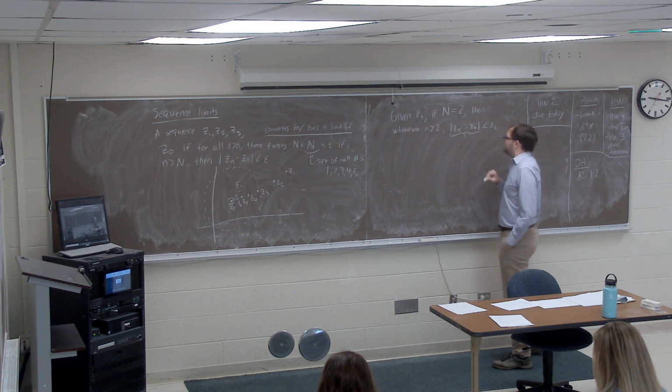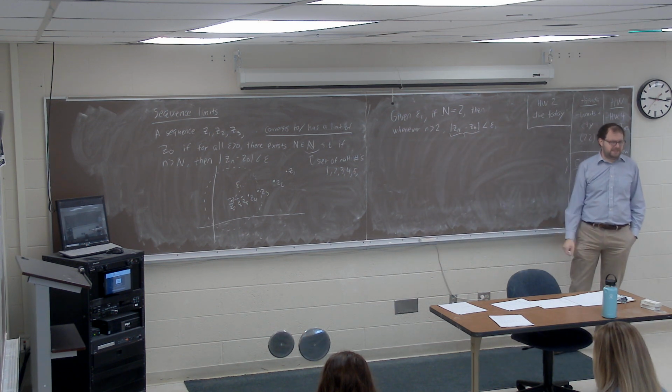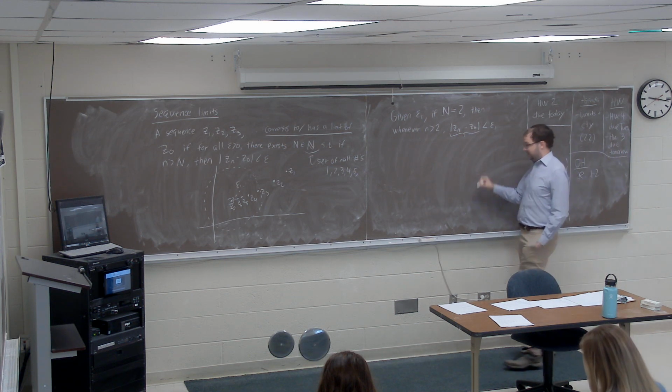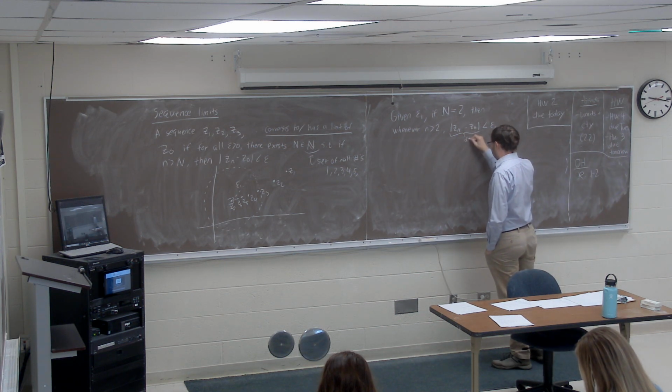Again, absolute value of z sub n minus z sub naught refers to the distance between the 2 points.